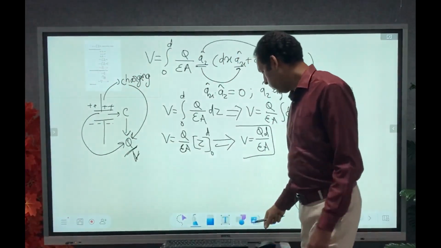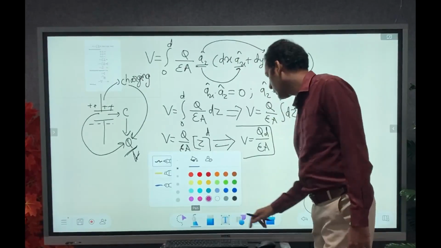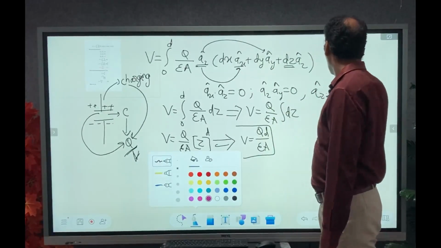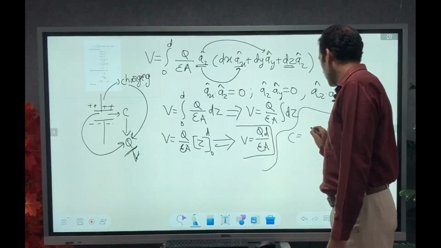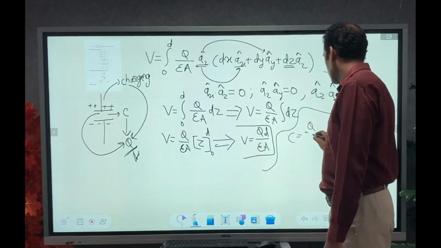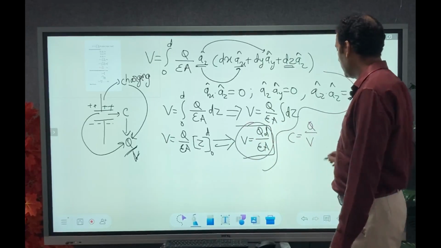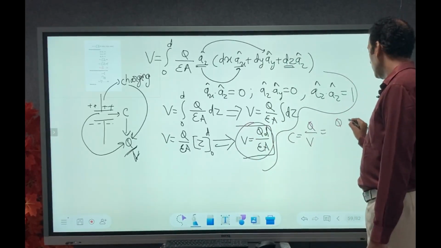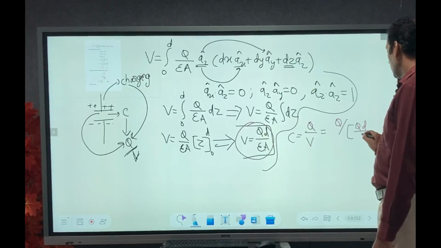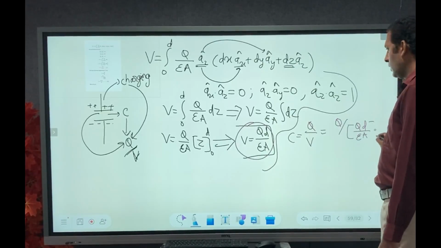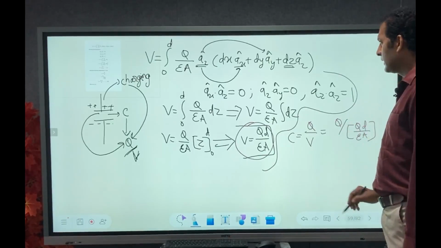So what we will do, we will write down the expression for C here. As per definition, C is equal to charge per voltage. Already we have calculated this voltage. So what we can say, Q divided by Qd by epsilon A. So this Q will get cancelled.